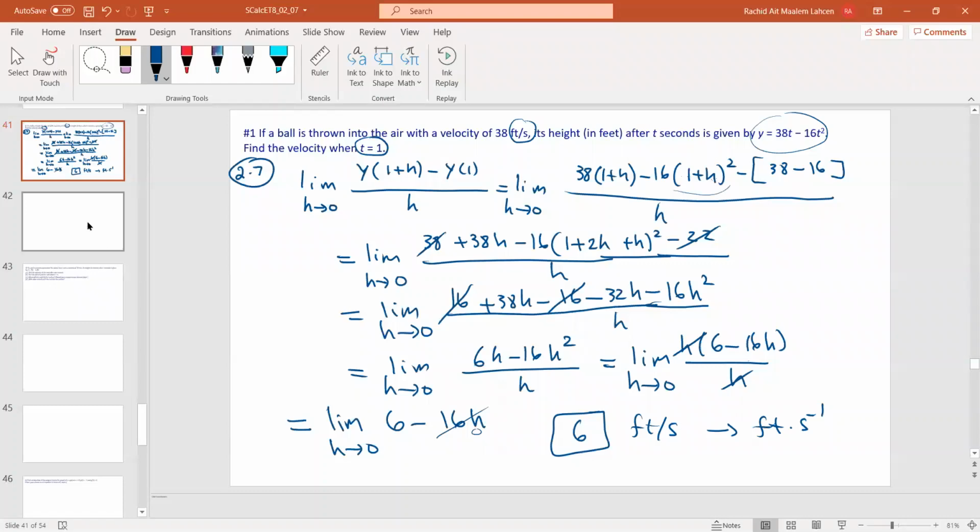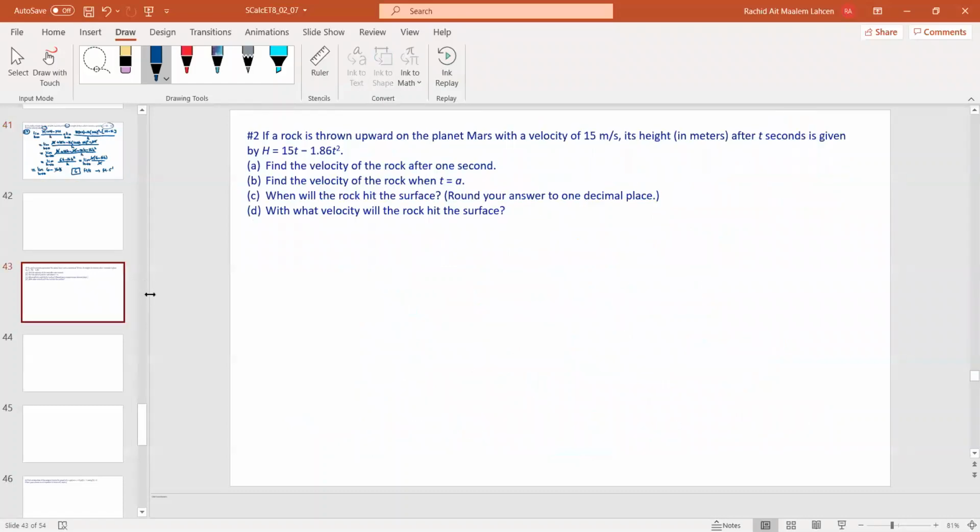All right, so now we're going to talk about number 2. Give you a second there to go through it. If a rock is thrown up, you've seen this before, and we're going to do this now with the new information that we have.